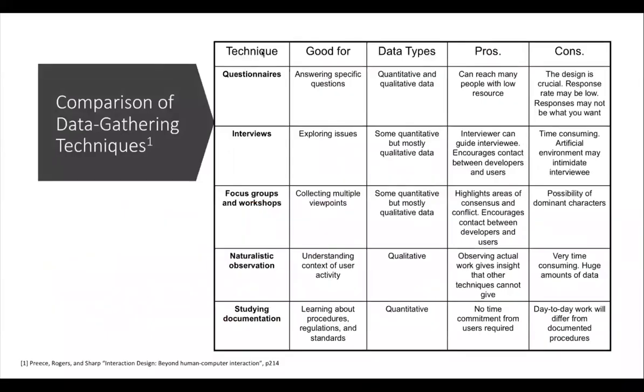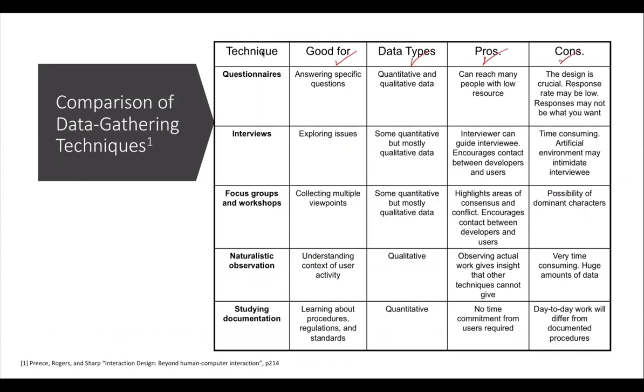In this table, I'm sharing with you a comparison of the data gathering techniques across different dimensions, including when they are good for different data types, and the pros and cons, like advantages and disadvantages, of each of those types.